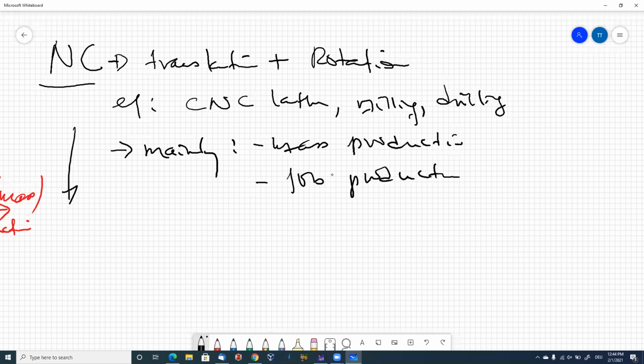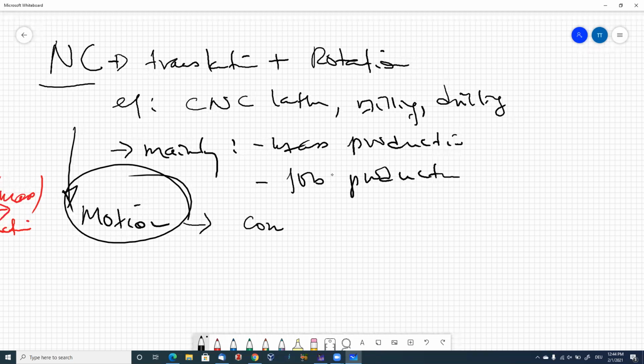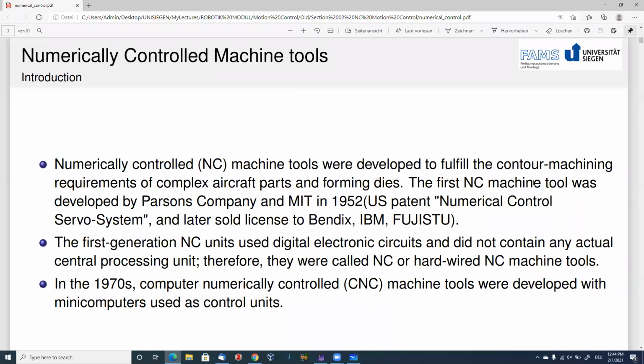So now the point is, if CNC machines have motion, the question is how do we control this motion. Maybe it's better if we go back to the slide and have some summary.